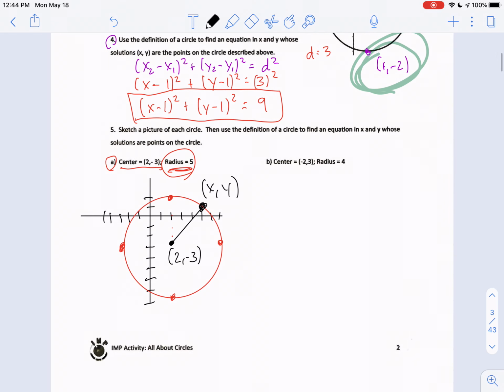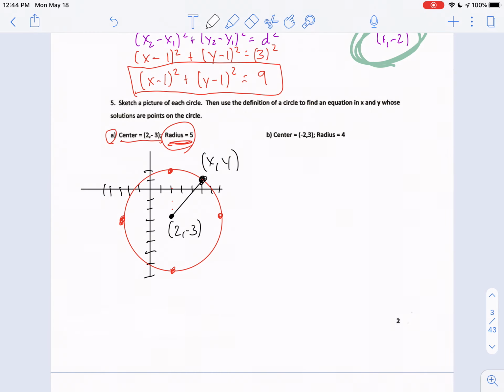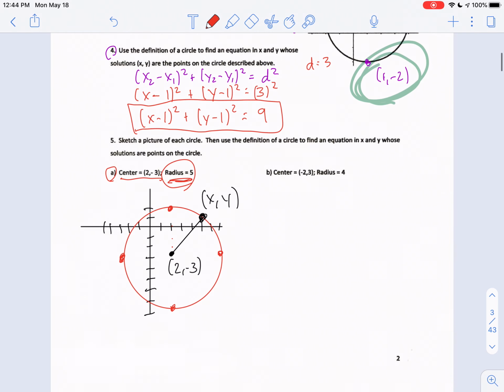So now we can plug this into our distance formula. Actually, I'll copy down the formula real quick. Boom. So this is our formula. Kind of from the Pythagorean Theorem, right? So this is my d, distance.